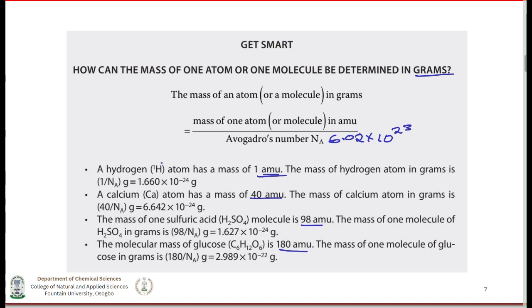For example, for hydrogen, it's going to be 1 divided by 6.02 times 10 to the power of 23. That gives us 1.66 times 10 to the power of negative 24. For calcium, it's going to be 40 divided by that value. For sulfuric acid, it's going to be 98 divided by Avogadro's number. Anything you get there, you have gotten the mass of the substance in grams rather than in atomic mass units.